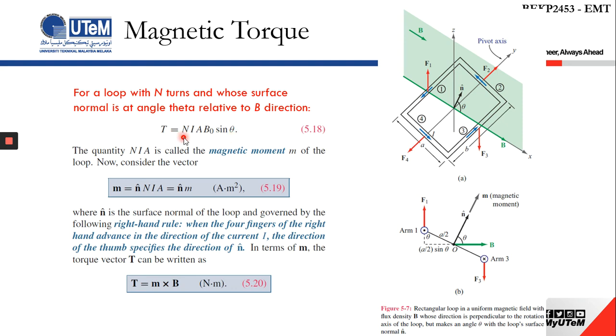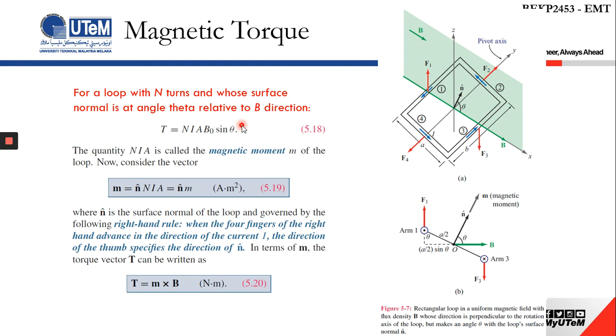So N is the number of turns, I is the magnitude of current, A is the area, B naught is the magnitude of the magnetic flux or magnetic field, and theta is the angle. Again here, we'll get maximum torque if theta is 90 degrees. But since this coil is always going to move around its axis, the value of theta is always going to change.